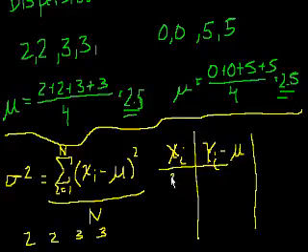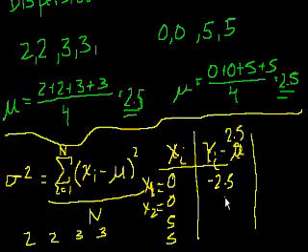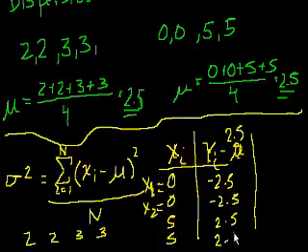So x sub i, there's a 0, a 0, a 5, and a 5. This is the first term, x sub 1, this is x sub 2, and so forth. And then each of these numbers minus the mean: 0 minus 2.5 is minus 2.5, and 5 minus 2.5 is 2.5, 5 minus 2.5 is 2.5.